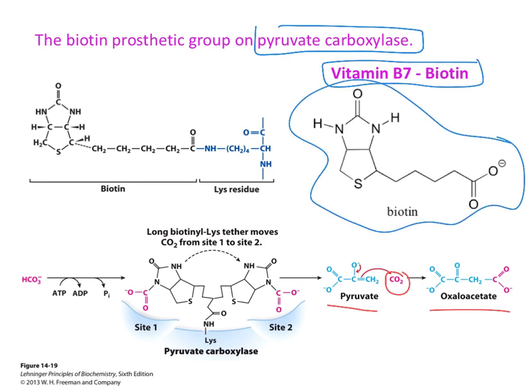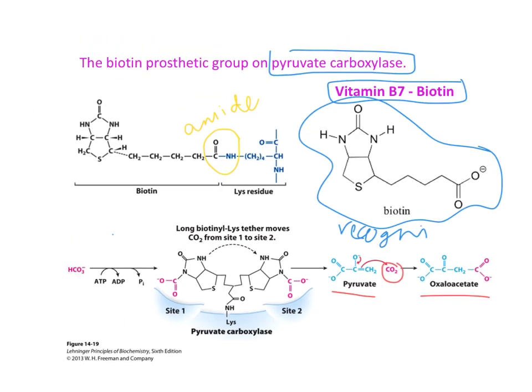It's just a structure that you need to be able to recognize. Okay. Biotin is linked to the enzyme through a lysine residue, and hopefully you recognize that it's linked through an amide bond. That's a functional group that you need to know.